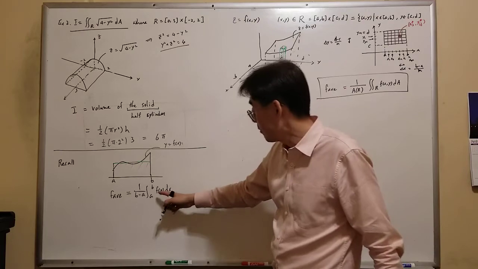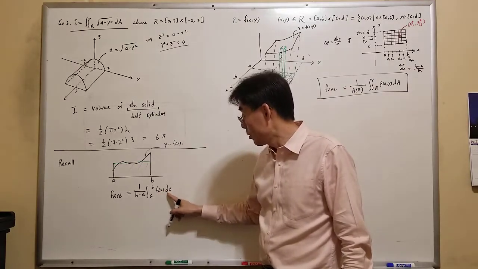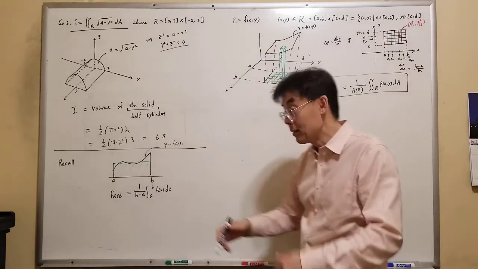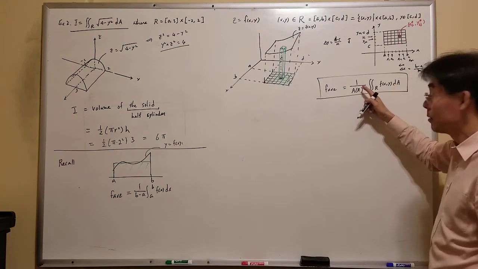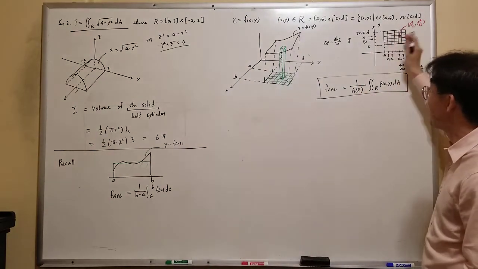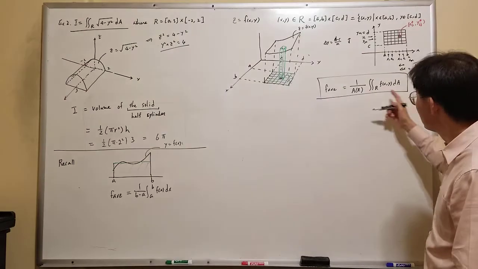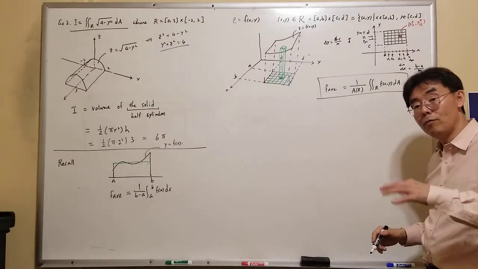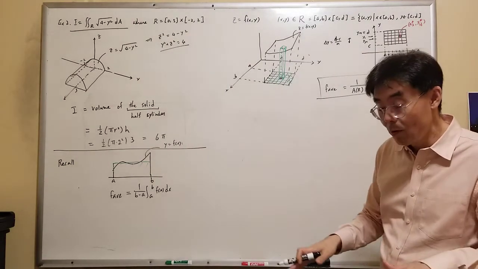Same concept, right? Definite integral over length. Double integral divided by total area of the region. They will give you the average value of the function over the region.